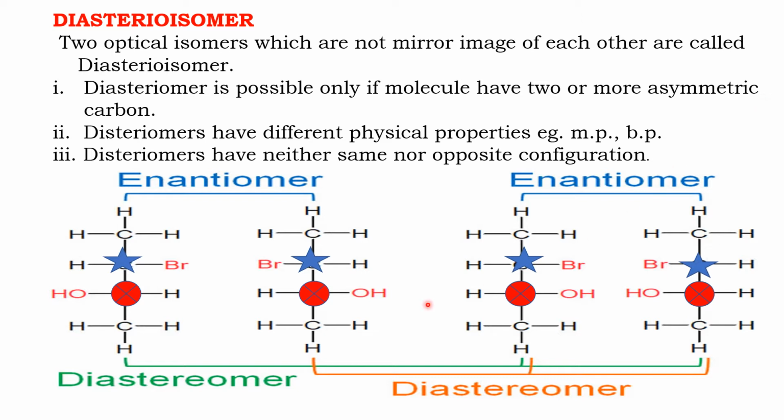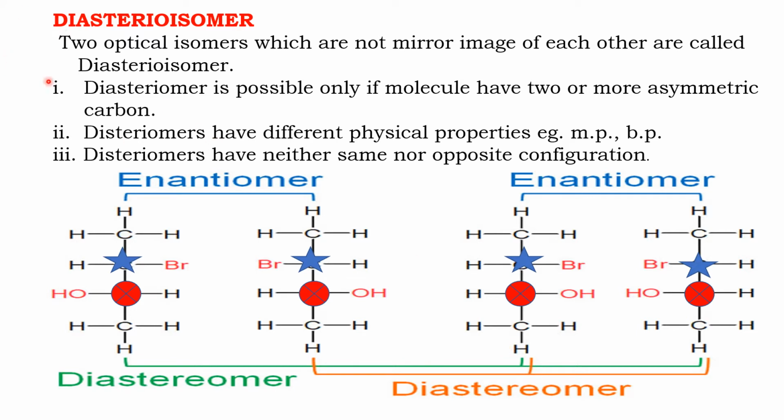So we could say diastereomers are optical isomers which are not related as object and mirror image. All these four compounds have the same molecular formula, same structural formula, but different spatial arrangement. So 1 and 3 are related as diastereomers.